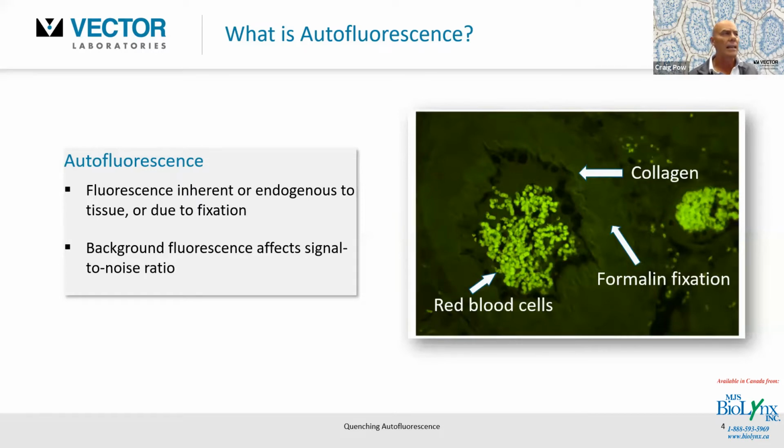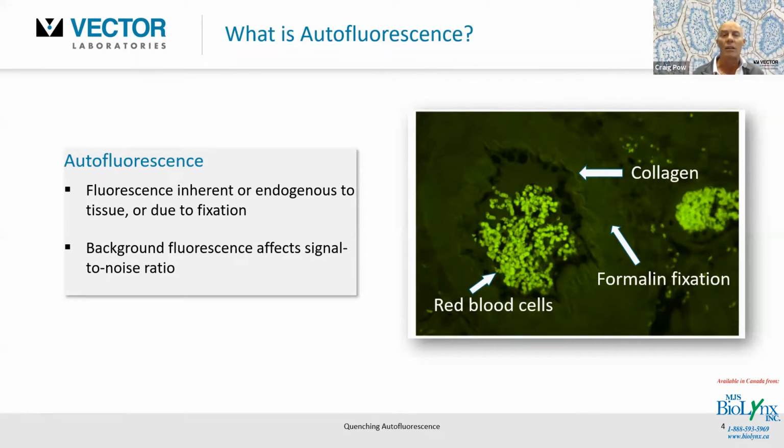You can certainly see from this image on the right-hand side some of these red blood cells, highly fluorescent, formalin fixation contributing here in this arterial wall, and the collagens and elastins here also being particularly problematic. These are the main sources of autofluorescence and are particularly problematic for a lot of investigators.